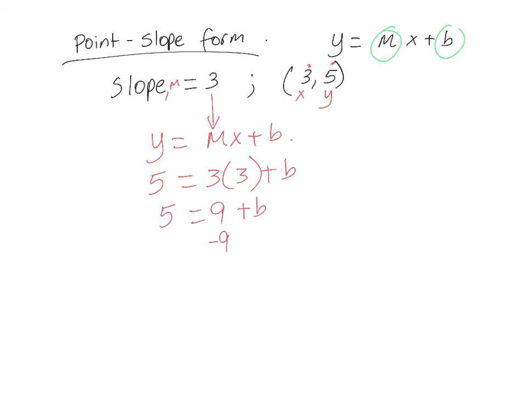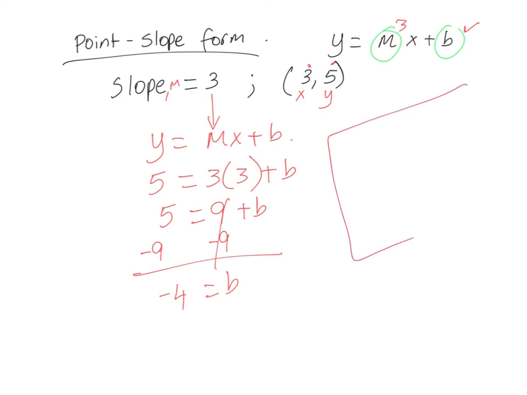So subtract 9, b is -4. So now that we found b, and we already knew m as 3, let's plug in our answer. So y is equal to 3x minus 4. So this is your equation in point slope form.